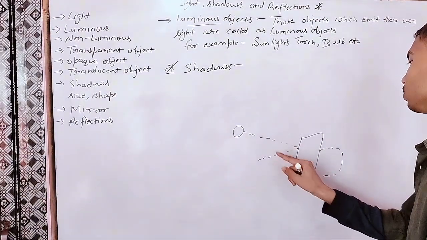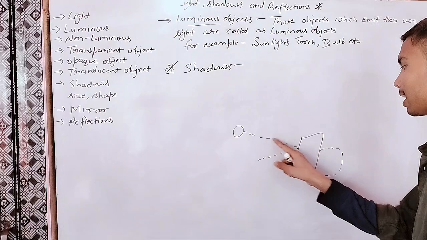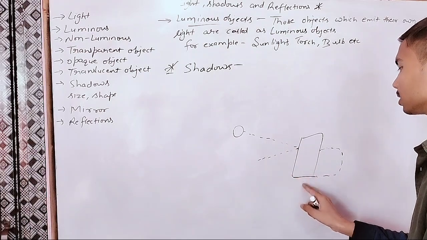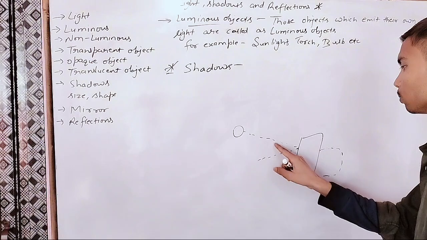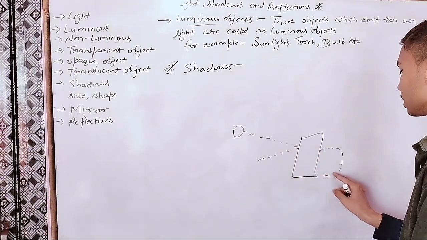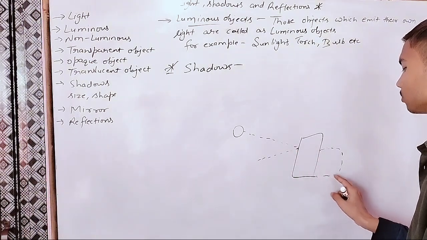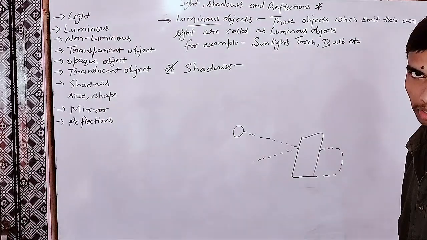So we can say light is being blocked by this object. The object does not allow the light to pass, and that's why we see the formation of a shadow of this object.